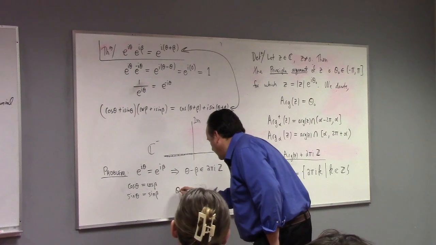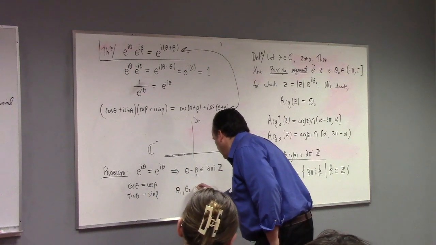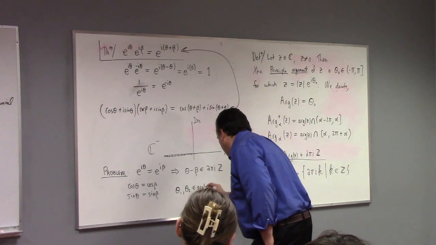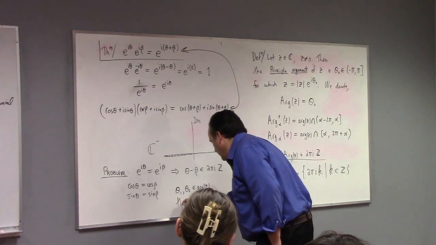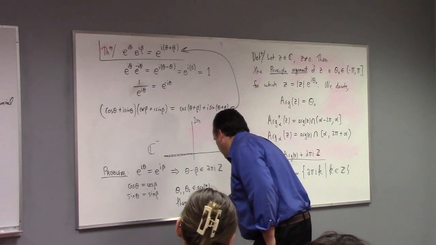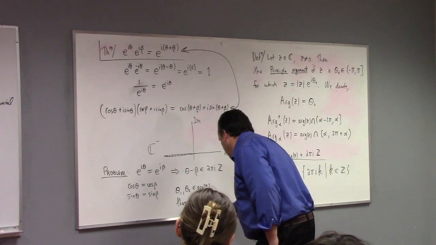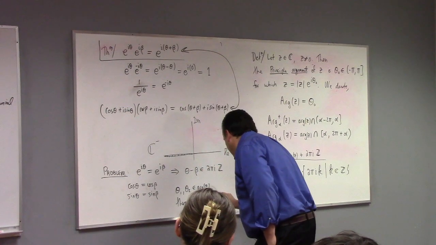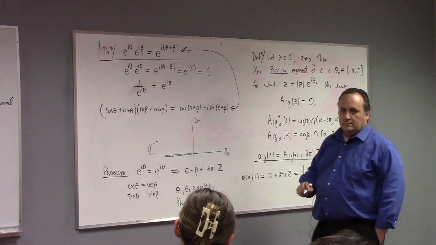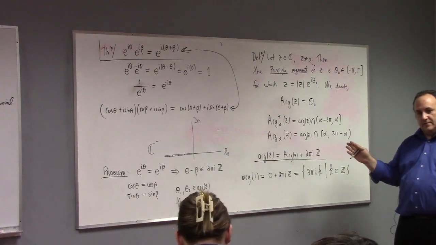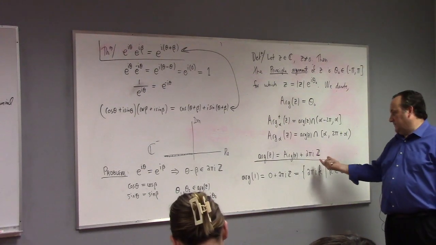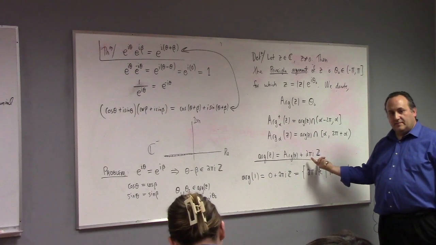If we had theta 1 and theta 2 in a particular arg, then you can easily check that e to the I theta 1 is equal to e to the I theta 2, because what they differ by is at most a 2 pi multiple of I.